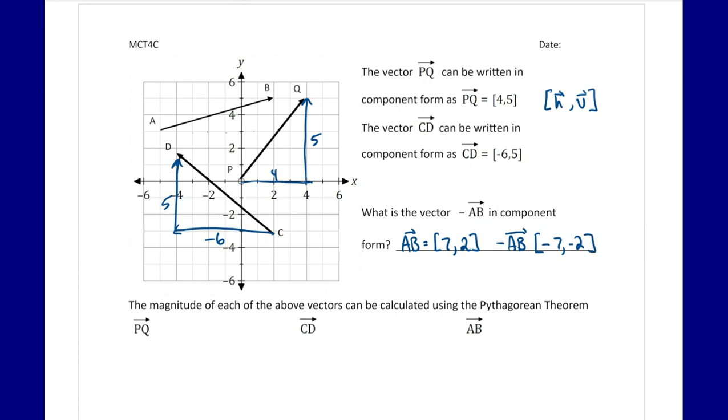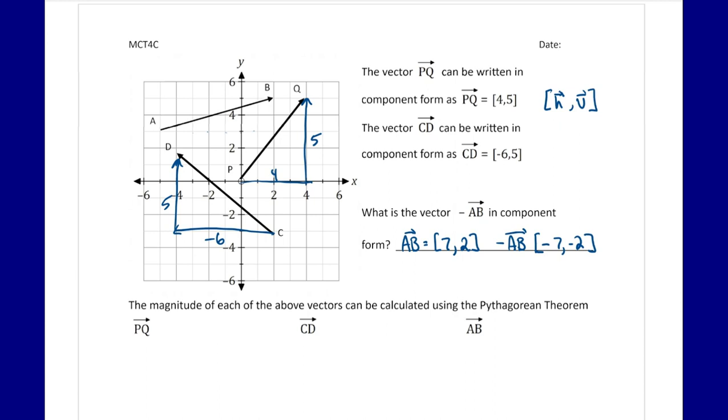Because the negative vector, or the opposite vector, would have the same magnitude, but going in the opposite direction. So we'd have the same horizontal and vertical components, just negative because they're going in the opposite direction. Now, if we're given the vector in this form without the magnitude, we can go through and figure out what the magnitude is by using the Pythagorean theorem.